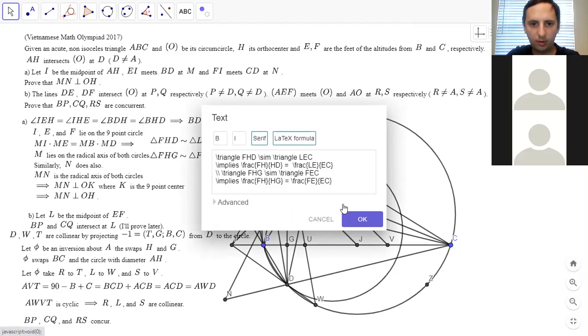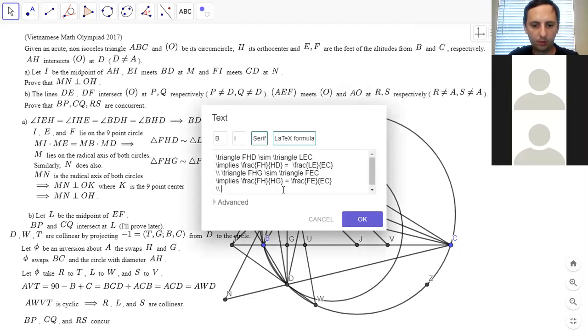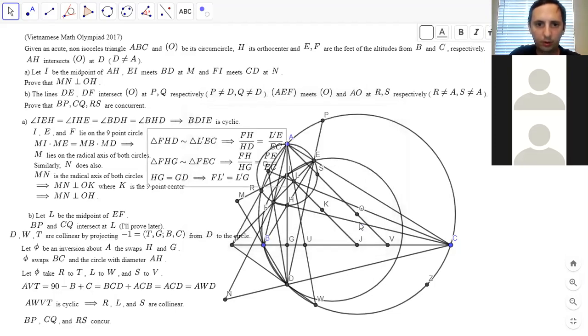And then we know HG equals GD. So if we combine these, then we get F. Actually, I should call this L prime everywhere. So that implies FL prime equals L prime G.